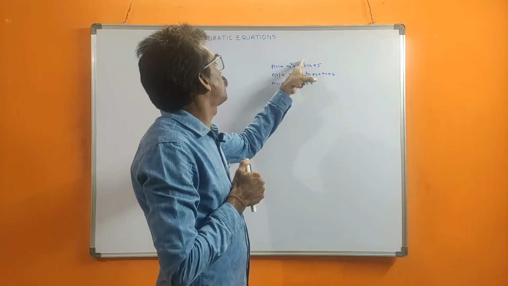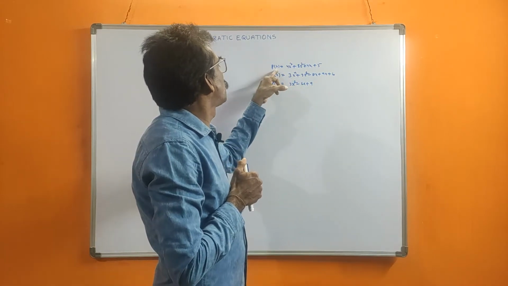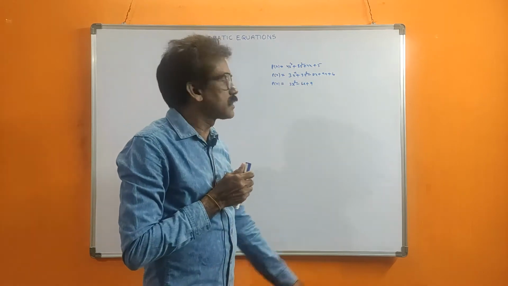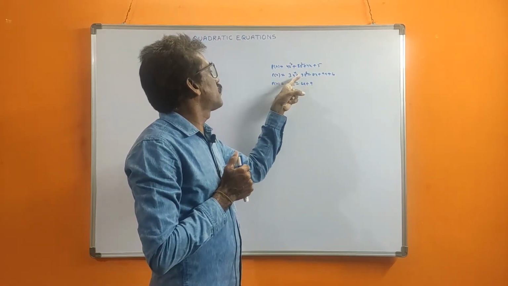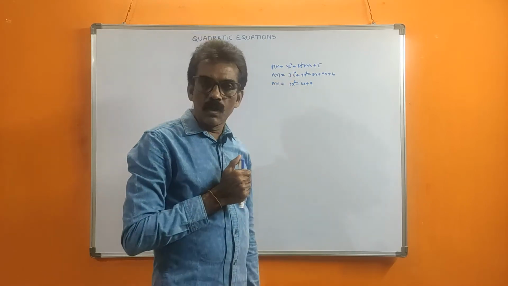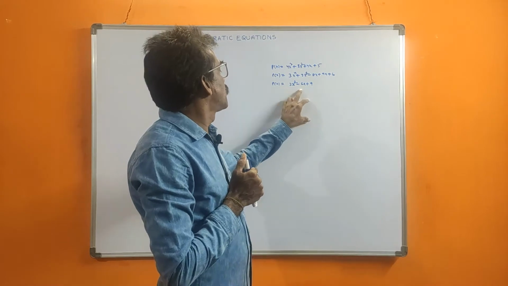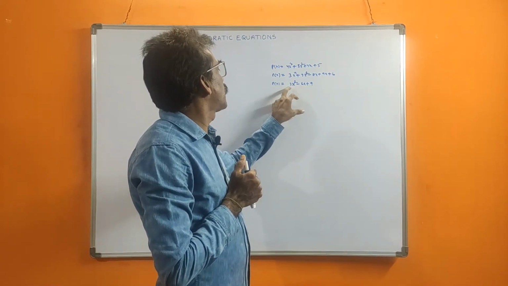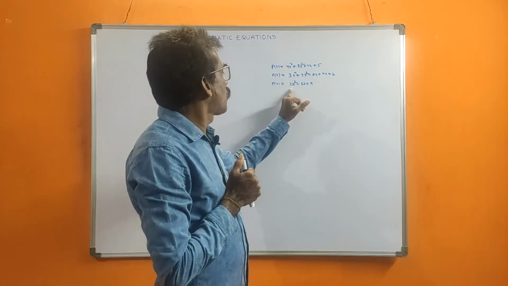The powers are 1, 2, 3. The 3 is the highest, so the degree of this polynomial is 3. Like that, here the variable is x, and the highest power is 4, so the degree of that polynomial is 4. Now in this case, the highest power is 2, so this is a degree 2 polynomial, a second degree polynomial.